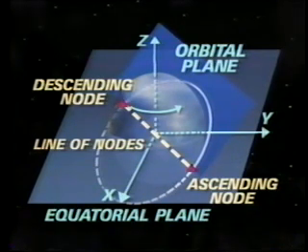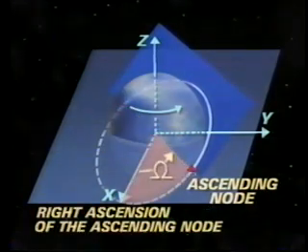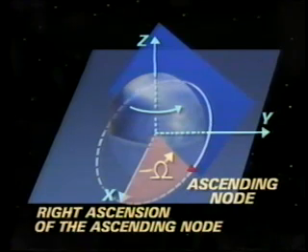The orientation of an orbit is determined by three orbital element angles. The right ascension of the ascending node is the angle between the x-axis and the ascending node. It is always measured eastward from the direction of the vernal equinox in the Earth's equatorial plane.